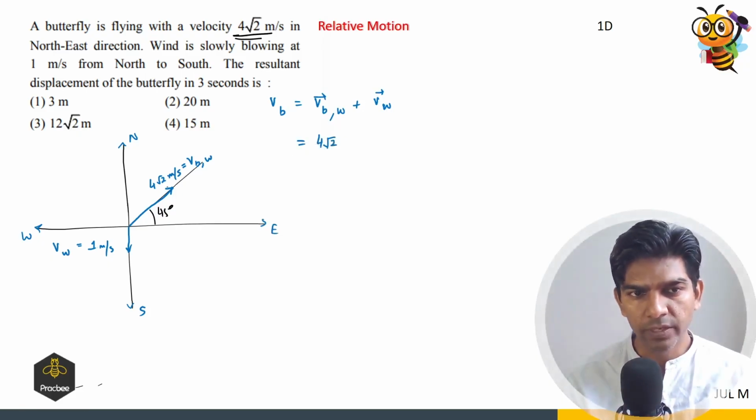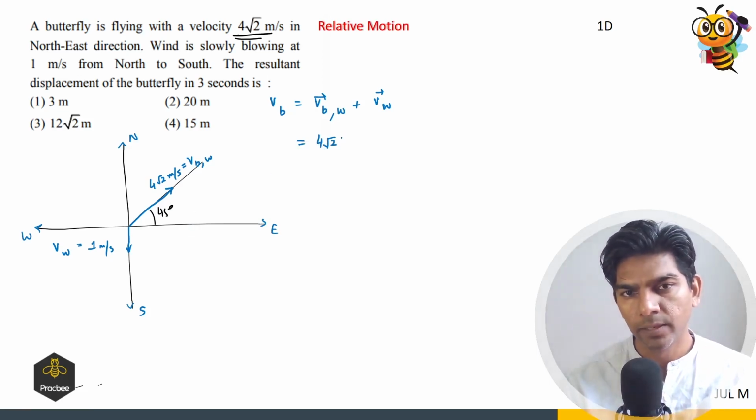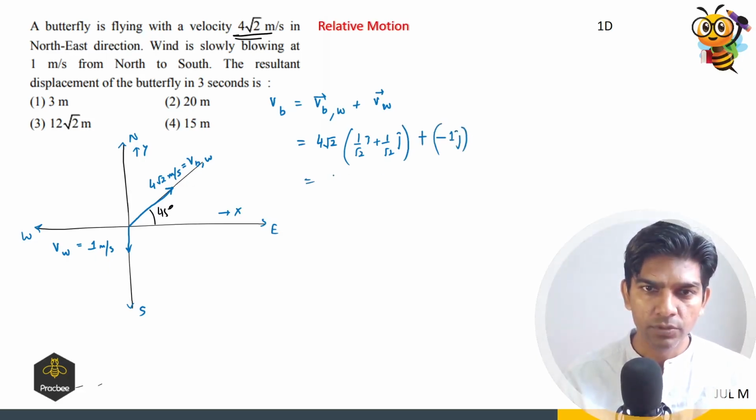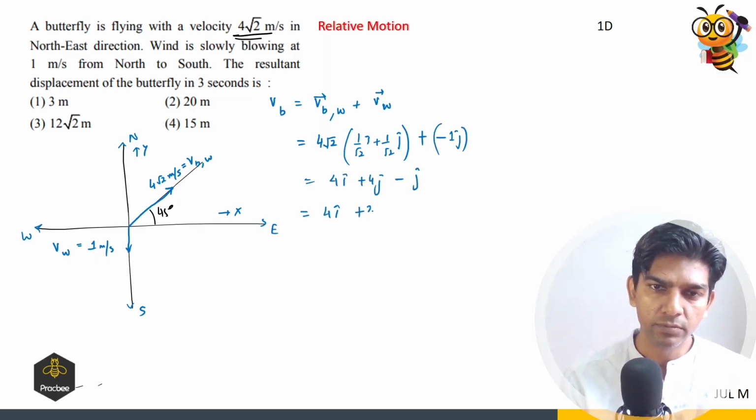So 4 root 2 times cos 45 i cap. I'm taking the right direction as x-axis, upward direction as y-axis. So that will be 1 by root 2 i cap plus 1 by root 2 j cap, plus minus 1 j cap. So this comes out to be 4 i cap plus 4 j cap minus j cap, which is 4 i cap plus 3 j cap.